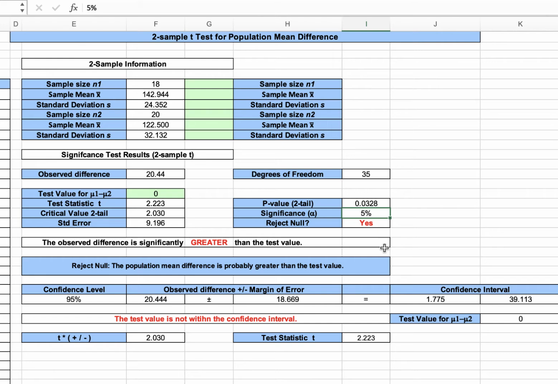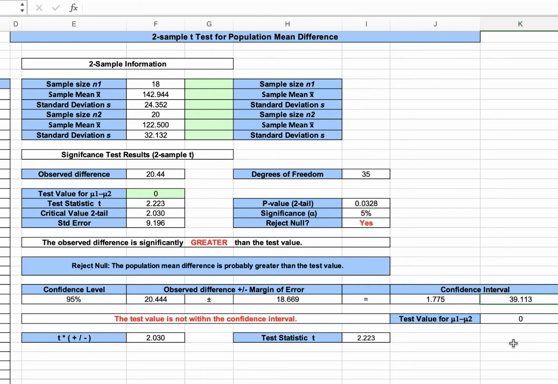Just like we saw in the previous example, highly significant result, but then we wanted to look at how much change are we really getting in a practical sense. So here the 95% confidence interval shows that the women on average score 1.775 to all the way up to 39.113 points higher than the men on average.